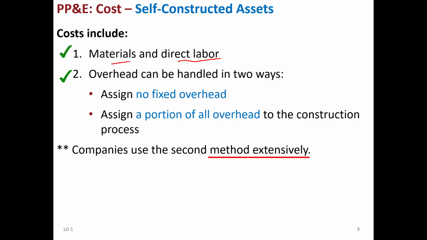Most companies tend to do this method because they figure if it takes us 6 months to build a piece of equipment, all the heating, all the cooling, all the water, any type of property taxes, all that's considered overhead costs. That stuff should be capitalizable. So rather than just expense those and reduce our net income, let's capitalize them, put it as part of the cost of the asset, and we'll just depreciate it over the life of the asset. It makes a lot of sense to do that.